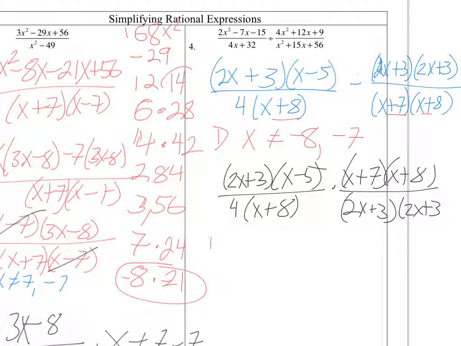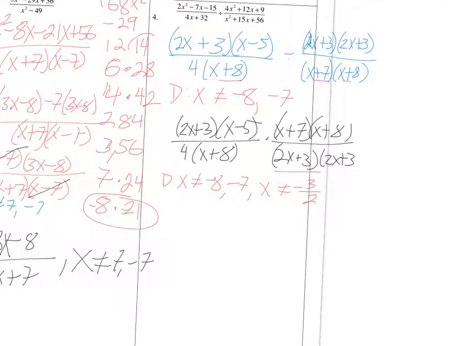I'm going to keep my domain from before. X cannot equal negative 8 and negative 7. And to that, I'm going to add x cannot equal negative 3 over 2, because when I flip that, I add some new difficulties to the domain. I'm going to do my reducing at this point.